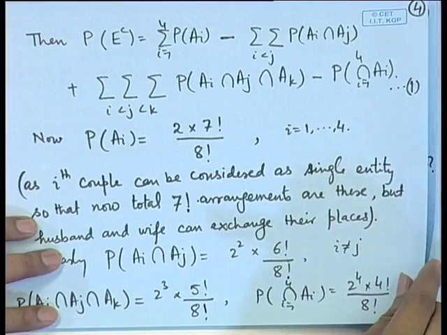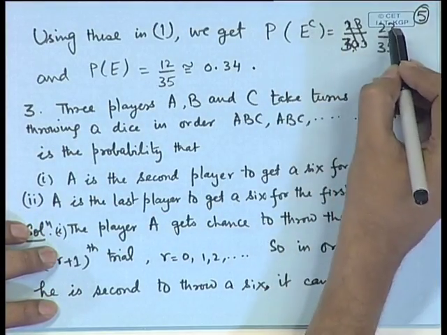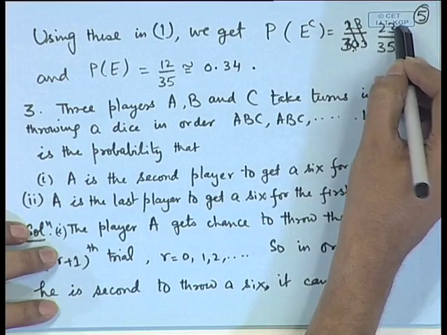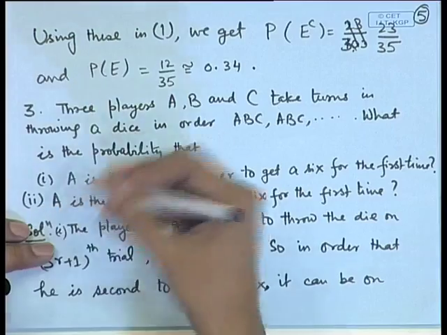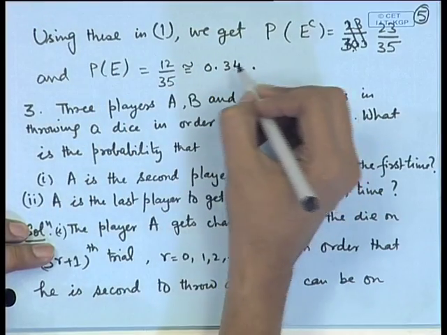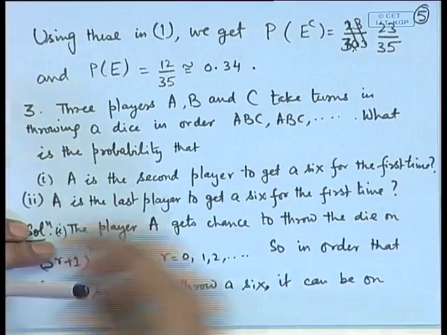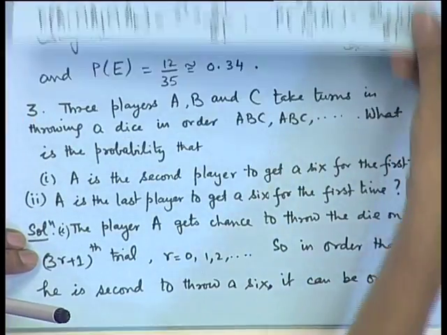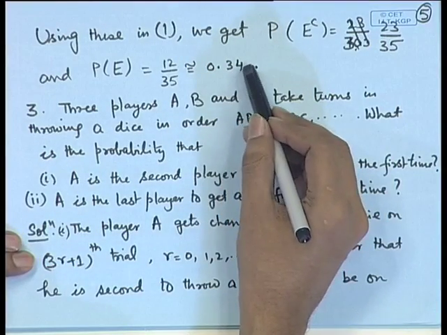So, if we substitute all these values, the probability of E complement after some simplification turns out to be 23 by 35, or the probability of E turns out to be 12 by 35, that is approximately 0.34. So, if we look at our original problem, the probability that no husband is seated next to his wife is 0.34, which is quite high.